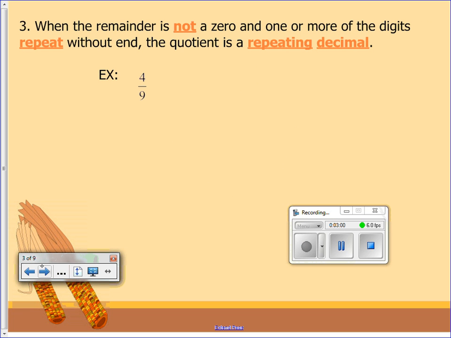When the remainder is not a 0 and one or more of the digits repeat without end, the quotient is called a repeating decimal. So 4 divided by 9.